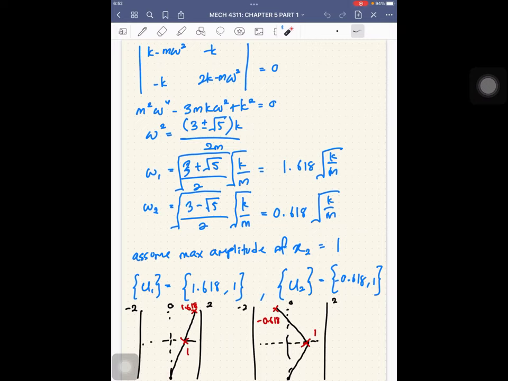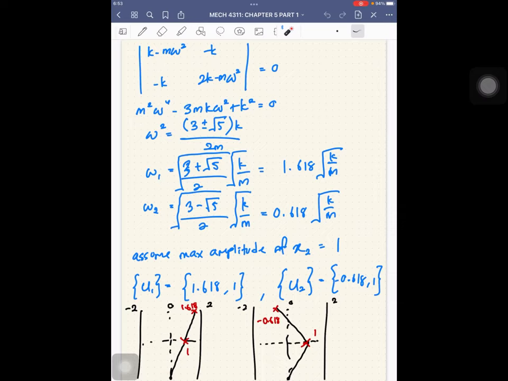So for the first mode, you can see here you have one antinode and two nodes, right? If you remember, the first mode is like just one wave.